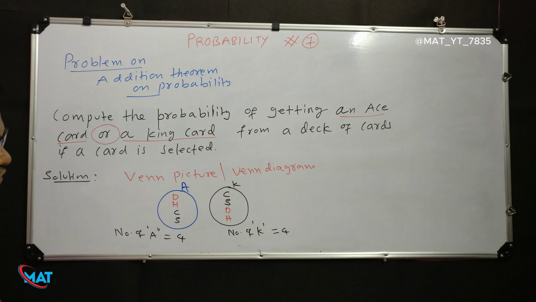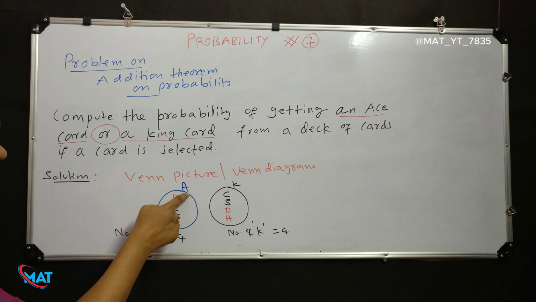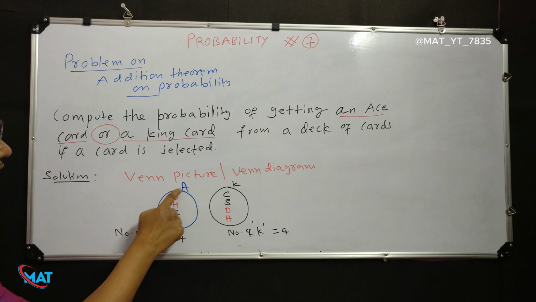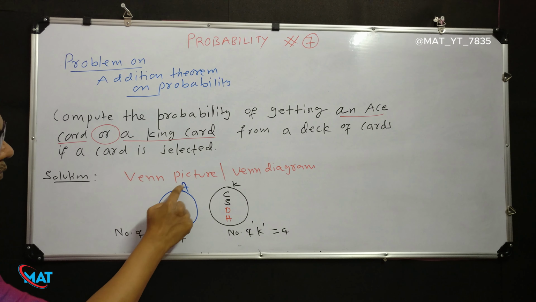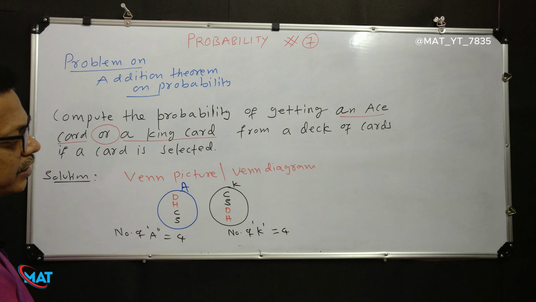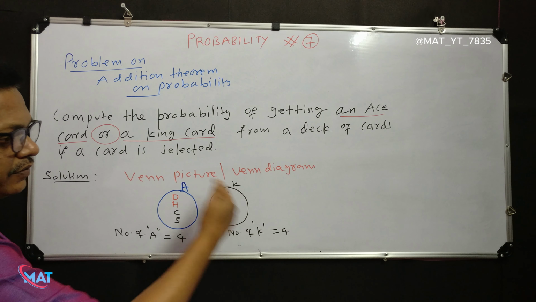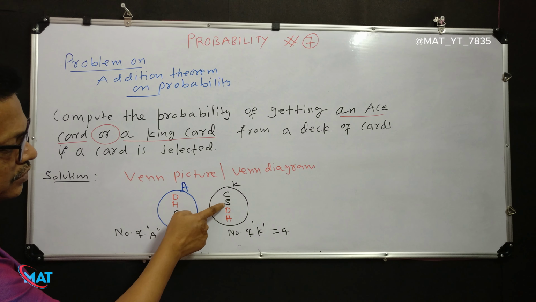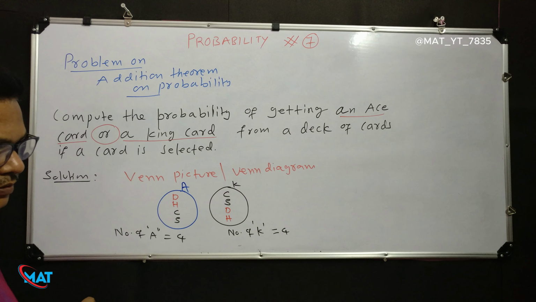Here, event A contains four outcomes: diamond ace, heart ace, club ace, spade ace. Diamonds and hearts are red color, clubs and spades are black color. That's why I wrote like that. Number of ace cards will be four. Here, K is the event of getting a king card. Four types of kings are possible: clubs, spades, diamonds, and hearts. For idea's sake, this picture shows the disjoint events.